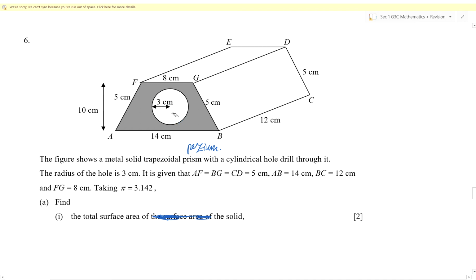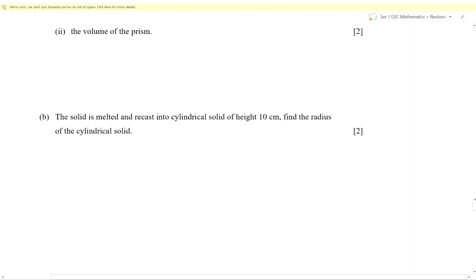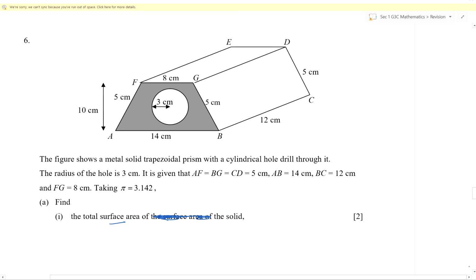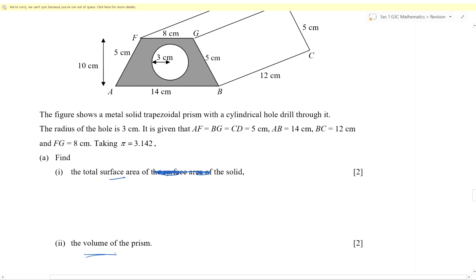Now, regardless of whether we are finding surface area or volume, we will require the cross-sectional area, which they very kindly shaded for us already. So let us find the cross-sectional area.